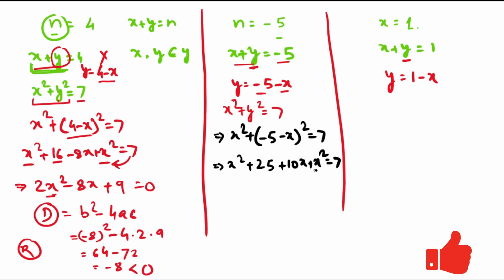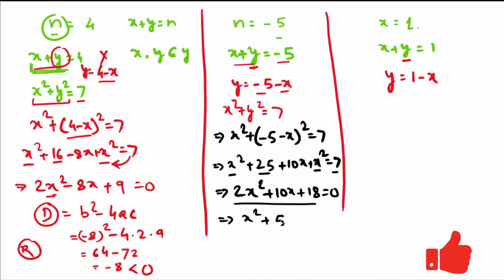So x square and x square is 2x square plus 10x, and 25 minus 7 is plus 18, equal to 0. Now from this equation we can take 2 common, so the remaining is x square plus 5x plus 9 equal to 0.